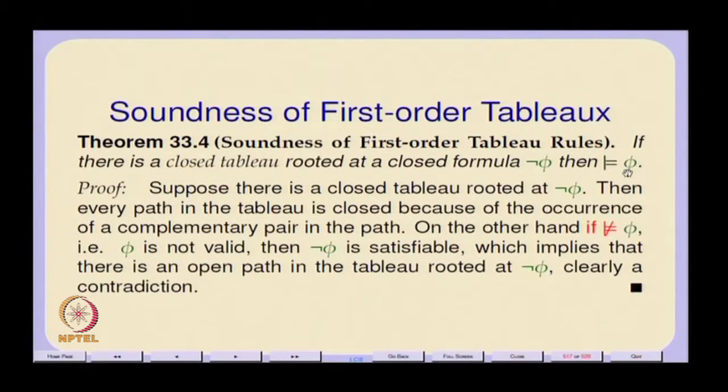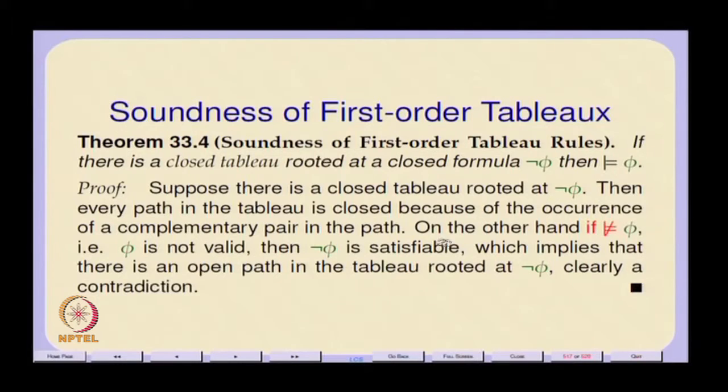So, we'll assume that phi is a closed formula, and suppose there is a closed tableau rooted at not phi. A tableau proof of course tries to prove a contradiction, which means you take the negation of phi and you take a closed tableau rooted at not phi. Then every path in the tableau is closed because of the occurrence of a complementary pair in the path, and that complementary pair is of ground terms.